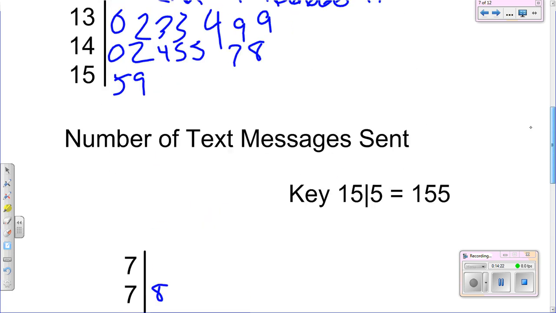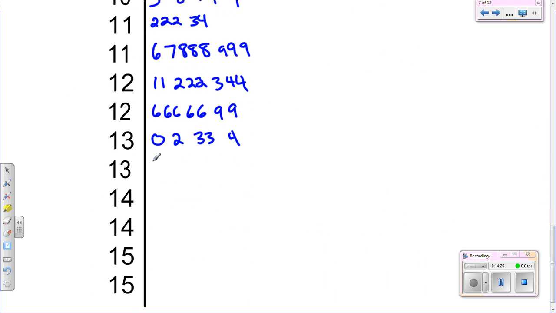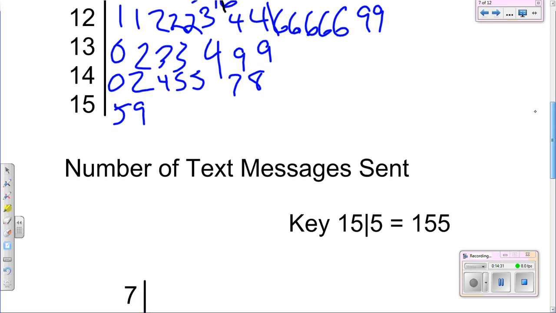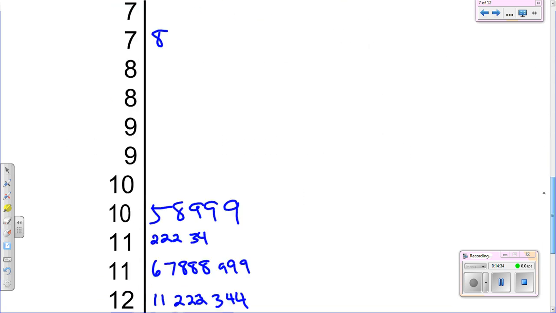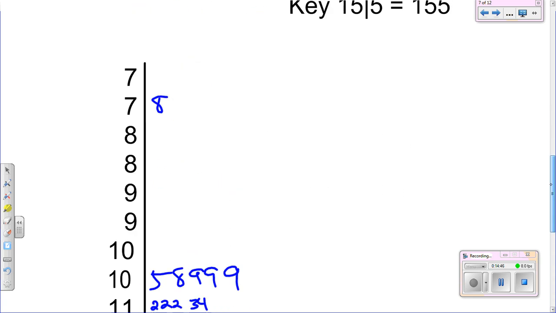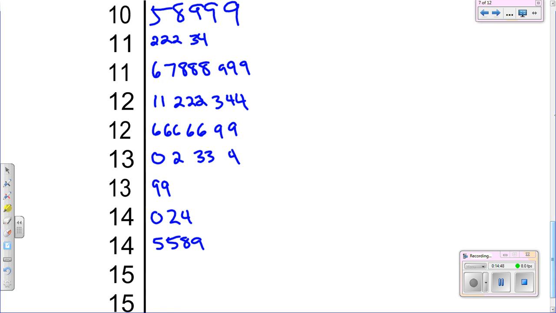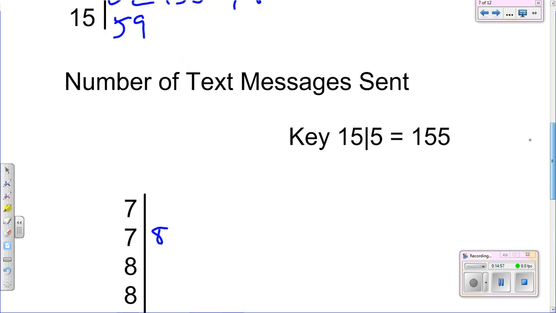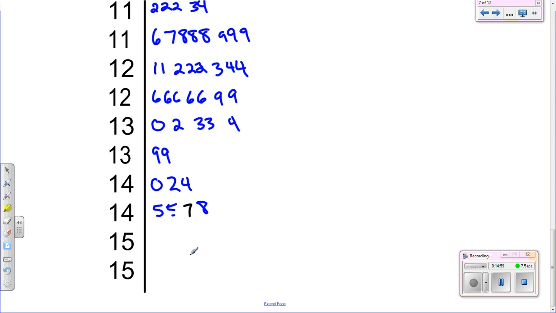The other 13 is going to be 9, 9. 14: 0, 2, 4. Then 5, 5. Then 7, 8. And then lastly, 5 and 9.